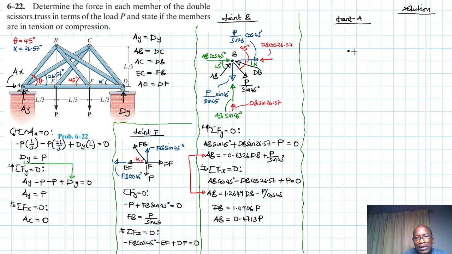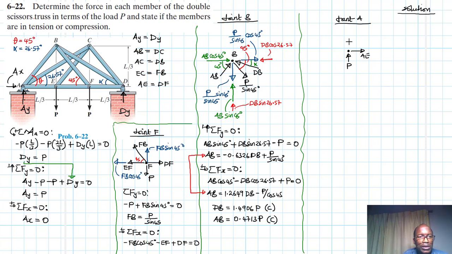What do we have? Let's say this one is in tension. This one is AE. And then we have the support there, which is a P. And then we found what AB is, and it's in compression. Both AB and DB are in compression.